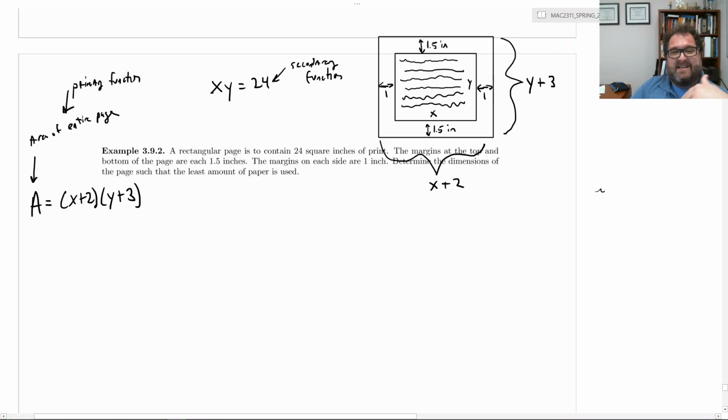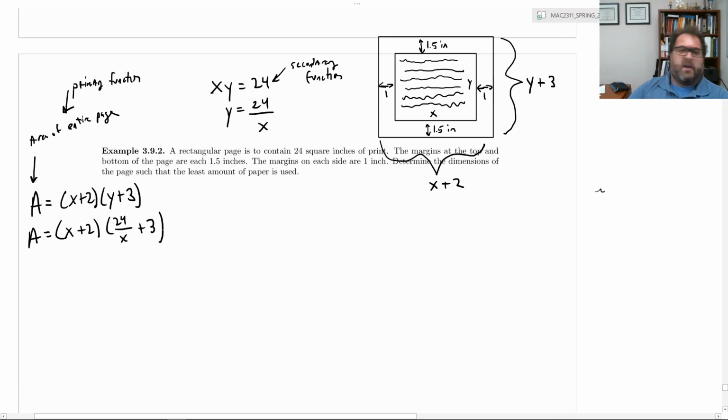We want a single variable primary function, and we can use the secondary function to do that. Because we could say y equals 24 over x. And now we can get an area function in terms of x only. So y is 24 over x, plus 3.